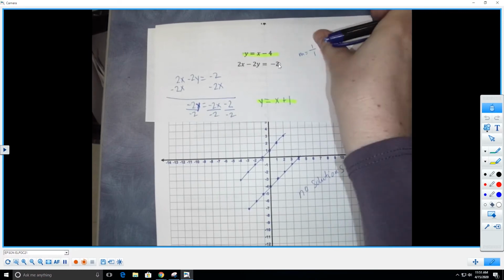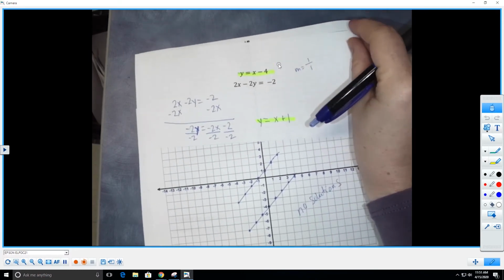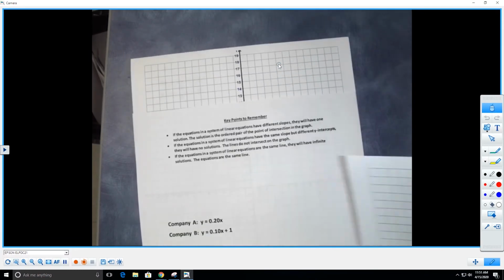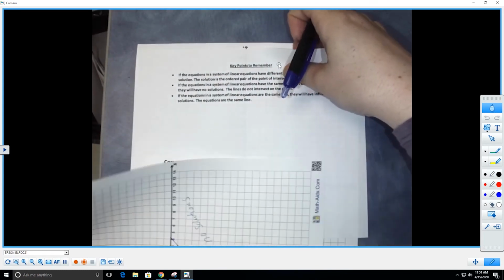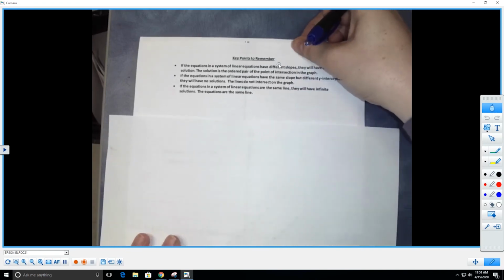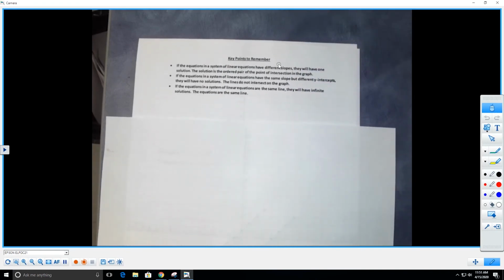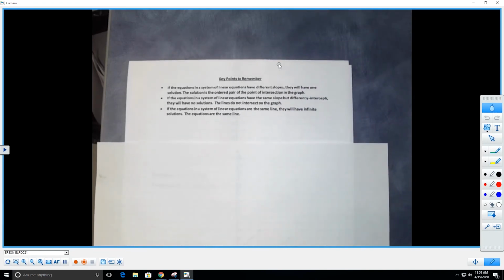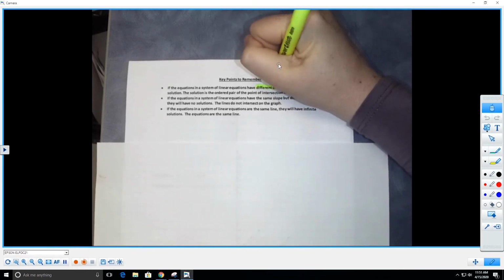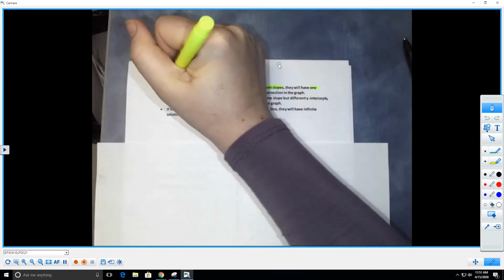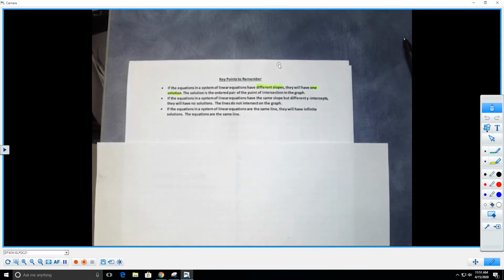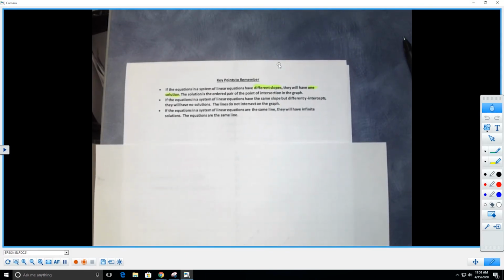I want you to remember these key points. You can write these down to help you remember later. If the equations in a system of linear equations have different slopes, they will have one solution. The solution is the ordered pair of the point of intersection in the graph.